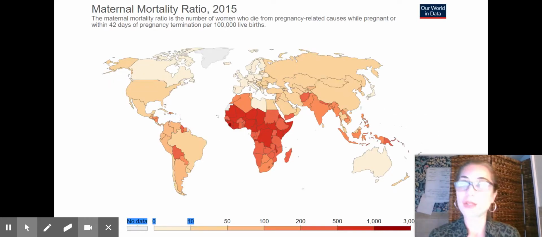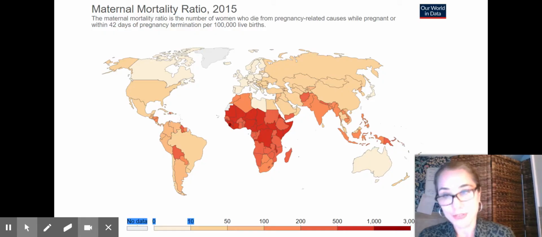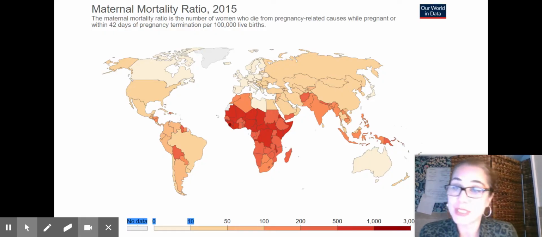Okay, we're going to talk about maternal mortality ratio. This is the number of women who die from pregnancy related causes per 100,000 live births. So we can see that the places with the lowest maternal mortality rate are in the very same places with the low infant mortality, low fertility rate, and low percentages of laborers in agriculture.